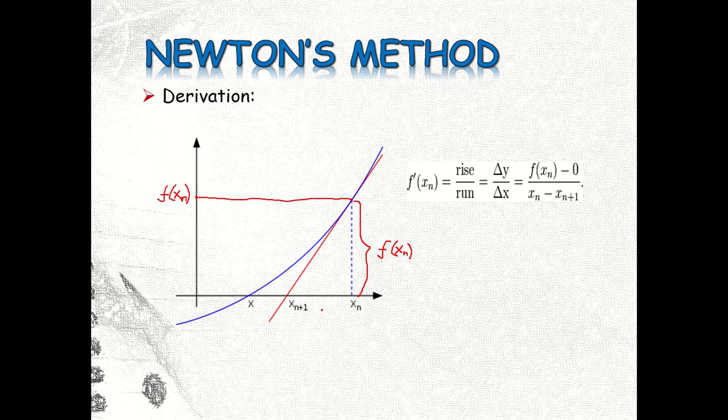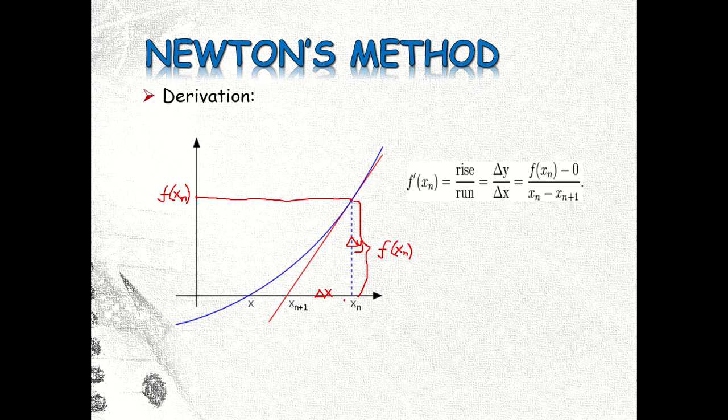Then this is actually our delta y, and this is our delta x. Delta x is the distance from x sub n to x sub n plus 1.